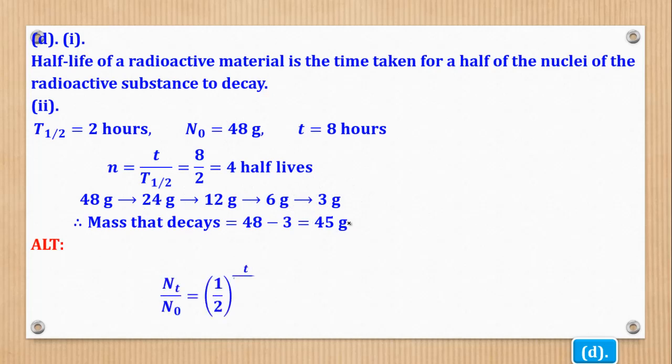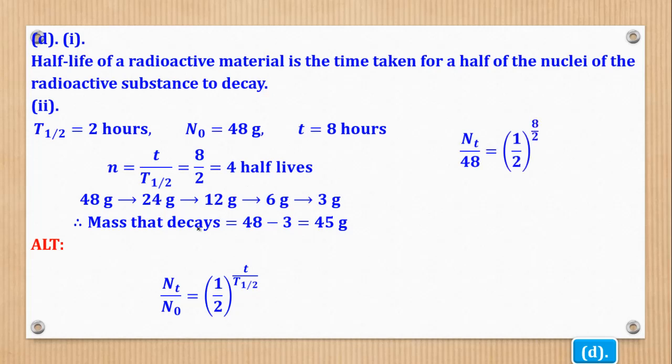Alternatively, you can use the formula that Nt over No, where Nt is the mass present at the time t, over No, which is mass initially present, is equal to a half raised to the power t over t half. And we realize t over t half is this value of n.